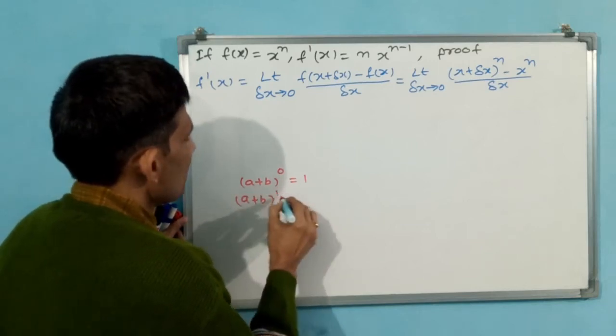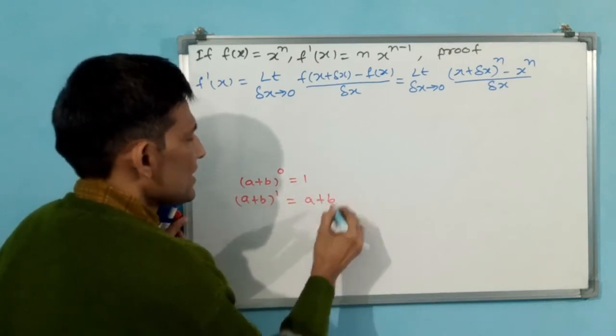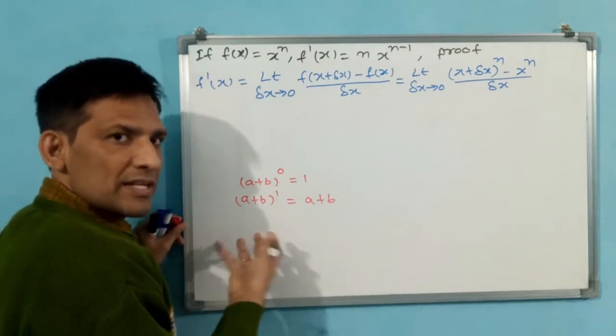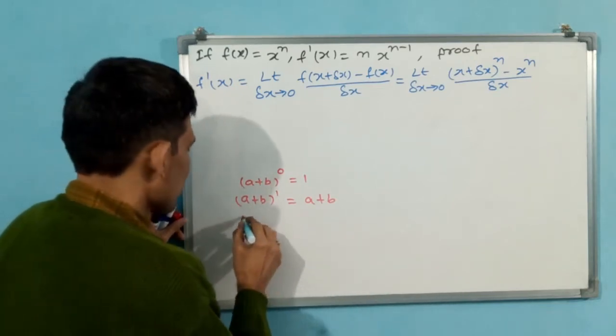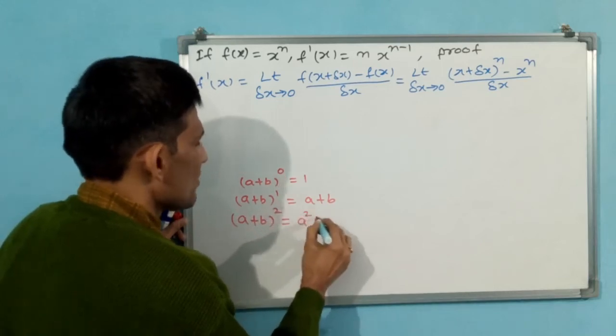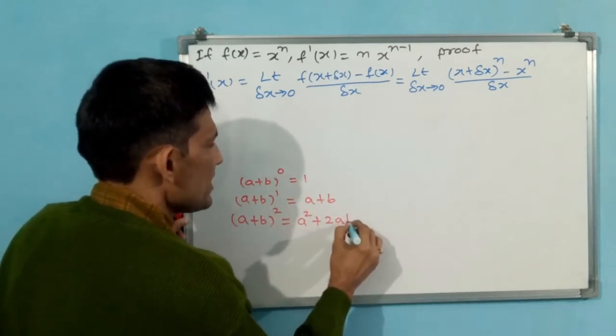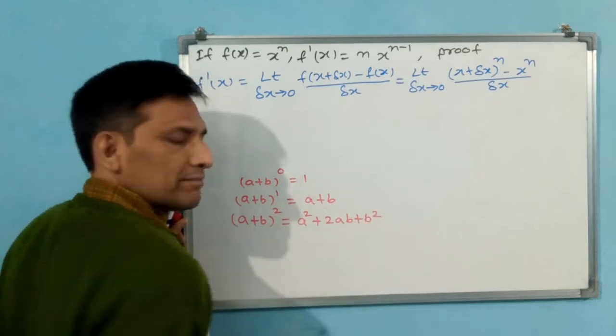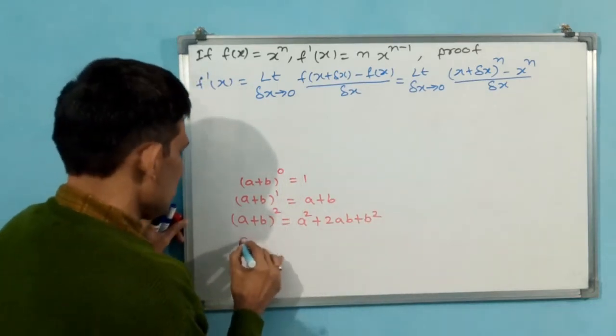A plus b whole power 1 is equal to a plus b. Why? Because power 1 means nothing, you can write the same. A plus b whole square is equal to a square plus 2ab plus b square. Okay, we will write up to 3.